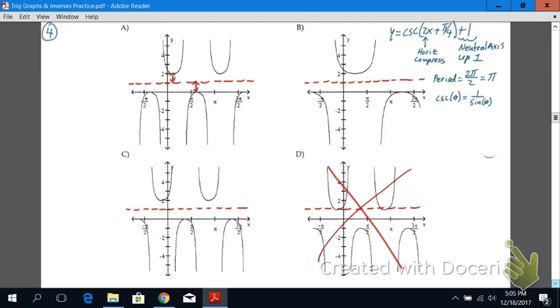So I'm going to start sketching sine curves in here to match my cosecant curve.